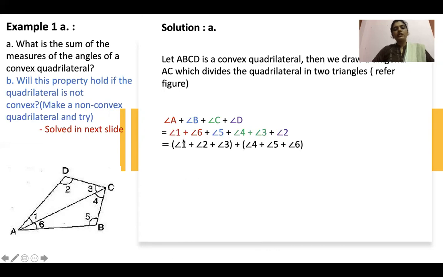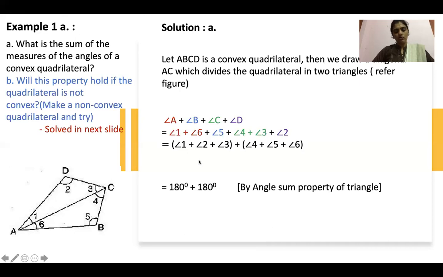If we rearrange these angles, we get angle 1 plus angle 2 plus angle 3, which is nothing but the sum of triangle ADC. Similarly, angle 4 plus 5 plus 6 is the sum of triangle ABC.